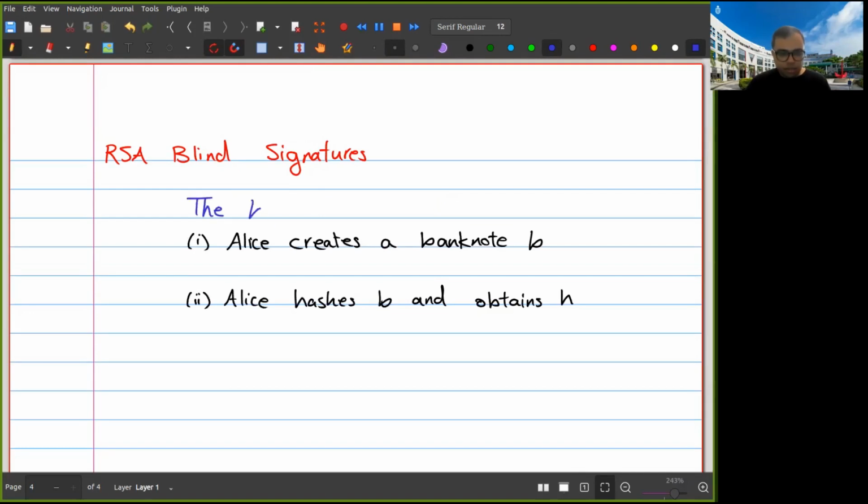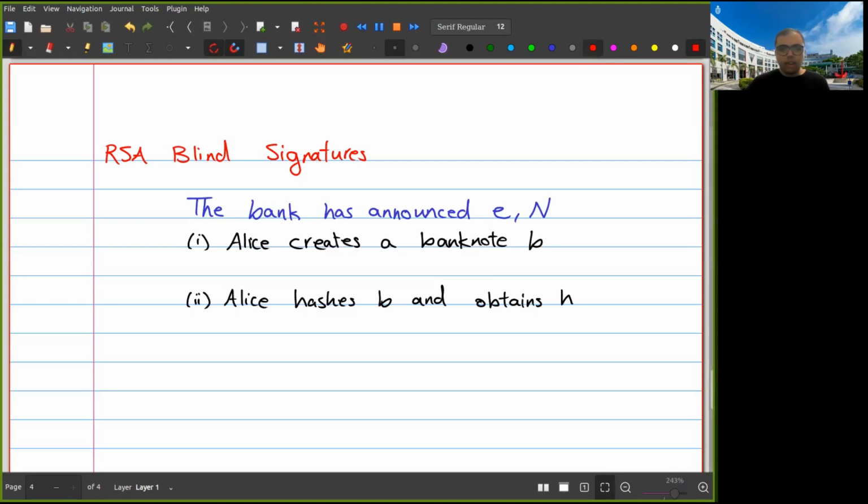The bank has announced E, and it has also announced the modulus N that we used for the RSA.